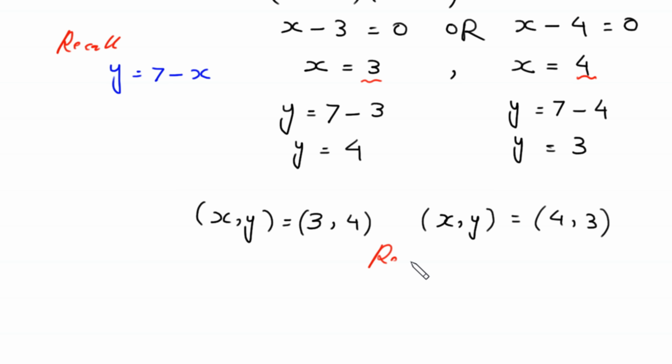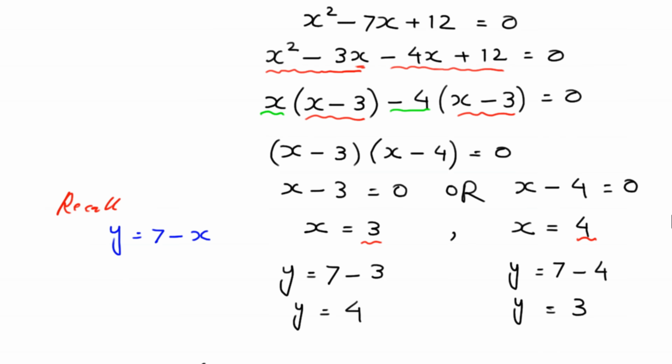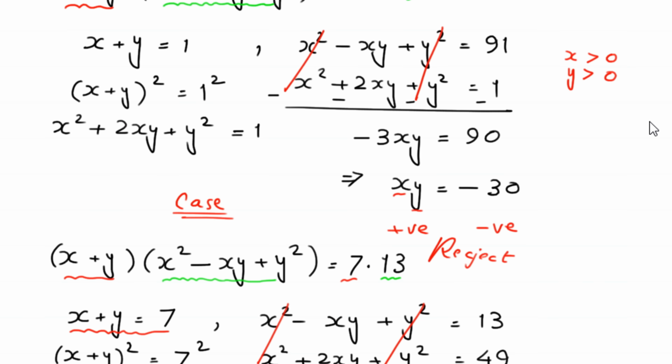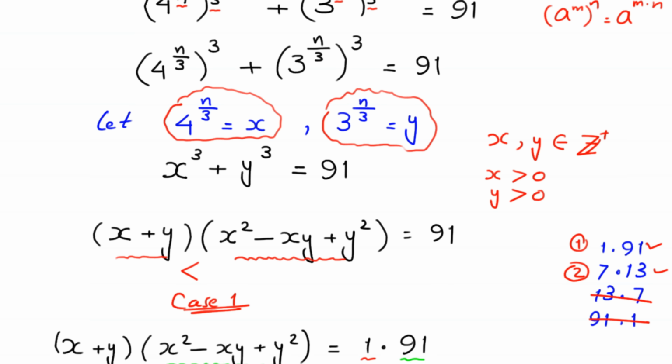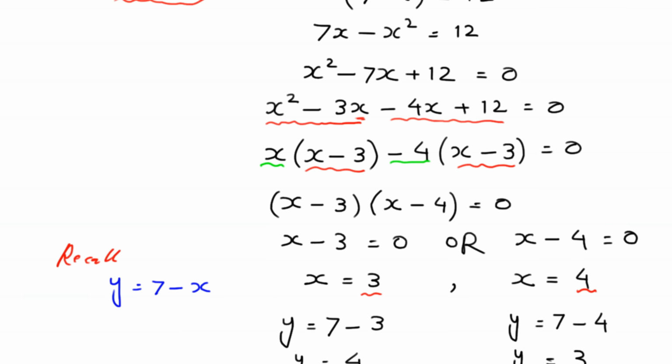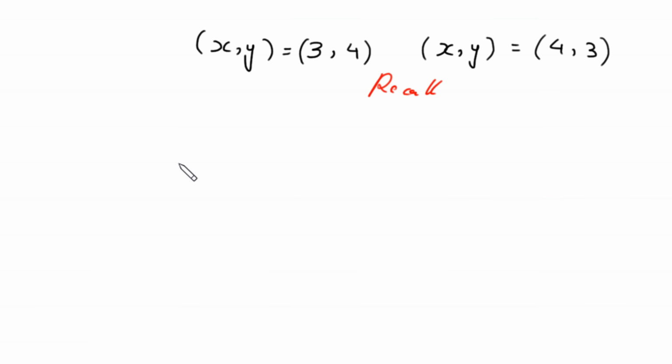Now recall that we have supposed that 4 to the power n over 3 is equal to x, and 3 to the power n over 3 is equal to y.